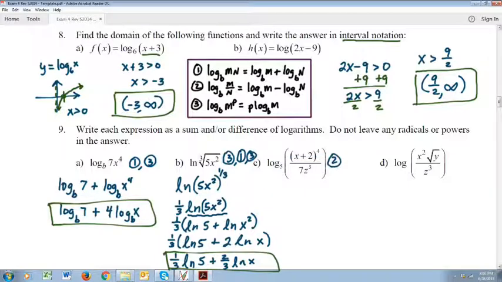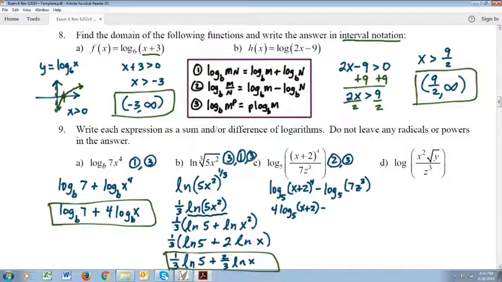So that's property 2. So it'll be the log base 5 of x plus 2 to the 4th minus log base 5 of 7z cubed. And so let's see, I'm going to go ahead and use the power rule, or rule 3, and move that 4 out front on the first one there.